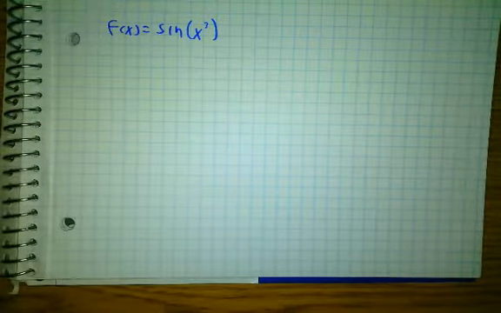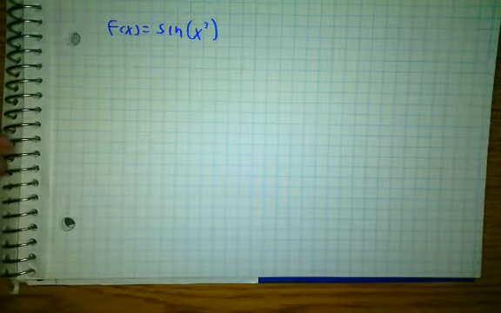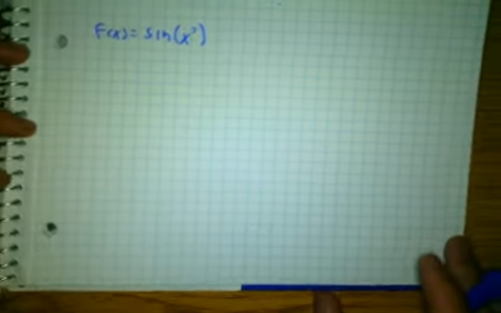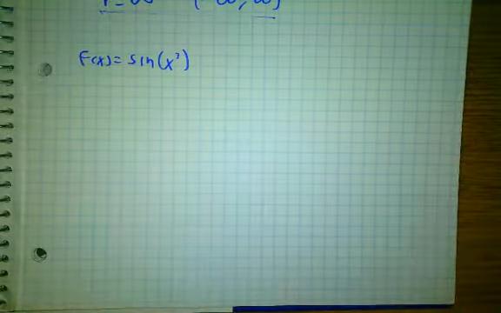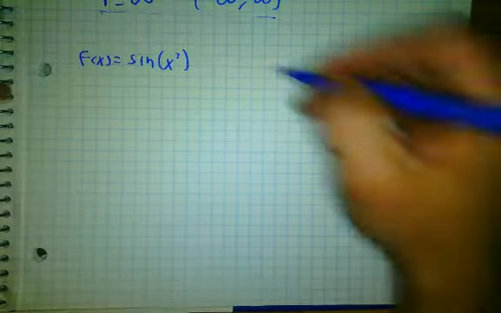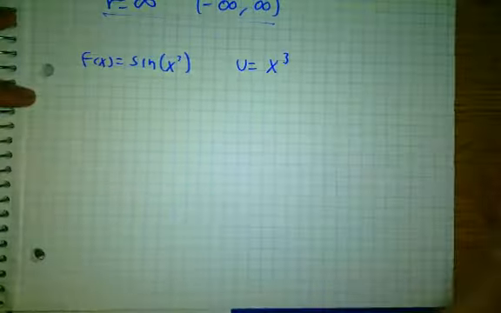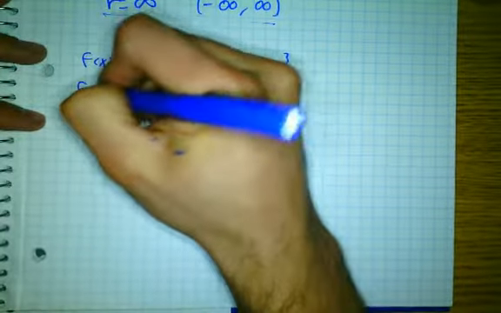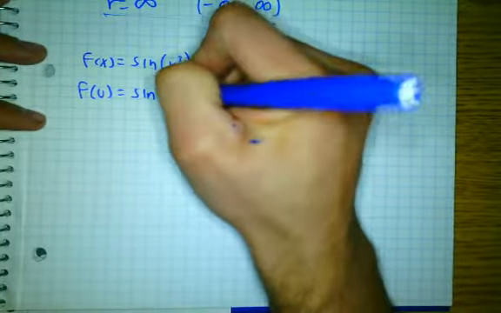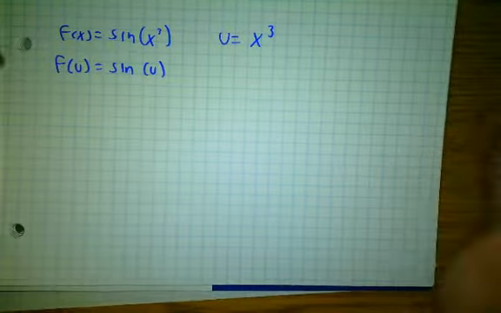Luckily for us, here's what we do know. We can do the following. It's going to seem silly, but it's completely true. We can let u be x to the third power. And then we can say that f of u is sine of u. And you already know what the sine of u function looks like. I mean series.